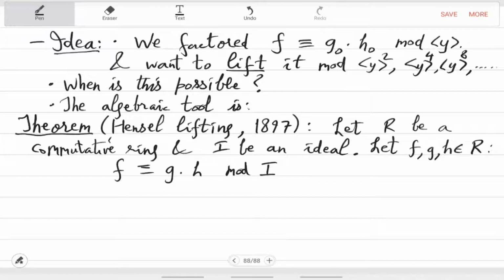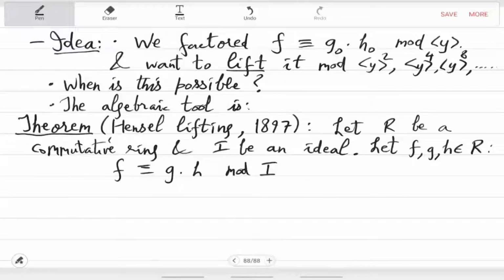So when you are at an intermediate step f equal to gh mod I, lifting means that you want to lift g and h to the factorization mod I square, right? So when is that possible? It is not always possible. We'll see an example later. So we'll need more conditions here.